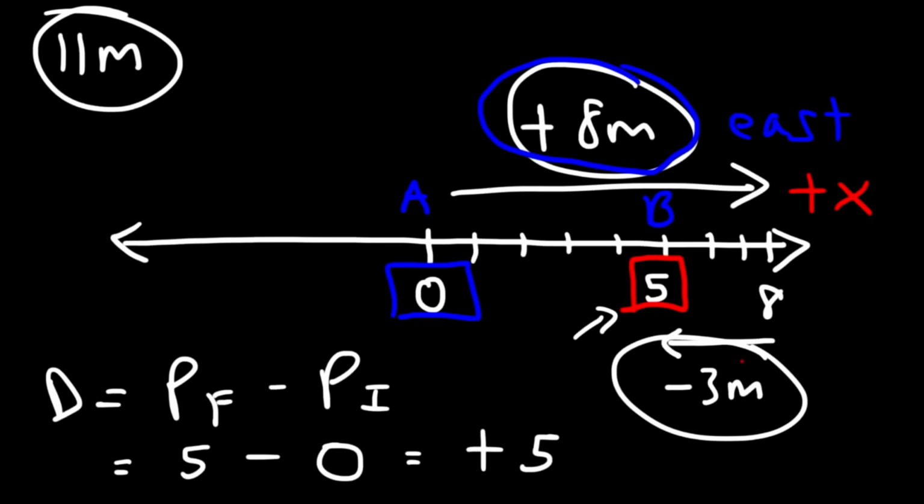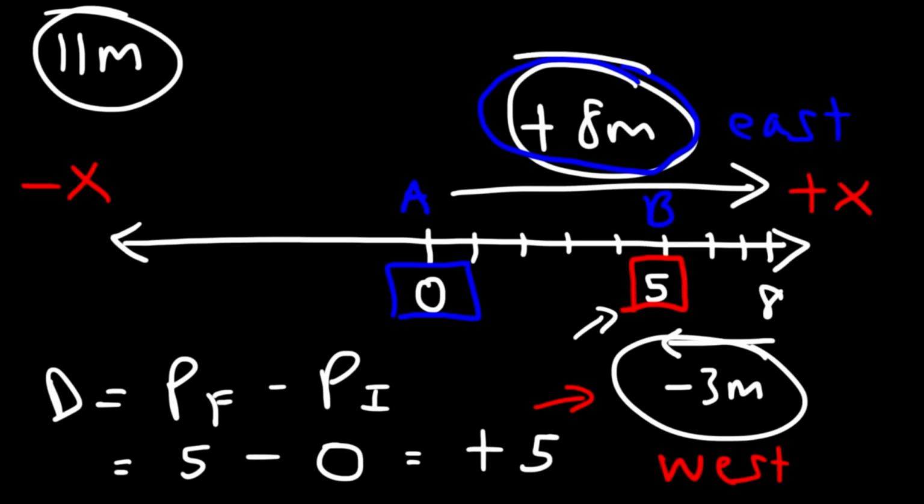Now, during the second part of the trip, he's traveling west, that is towards the negative x direction. And so it's negative 3 in terms of displacement, but in terms of distance, it's positive 3. Keep this in mind. Distance is always positive, but displacement can be positive or negative. If you're traveling east or north, displacement has a positive value. If you're traveling west or south, displacement has a negative value.